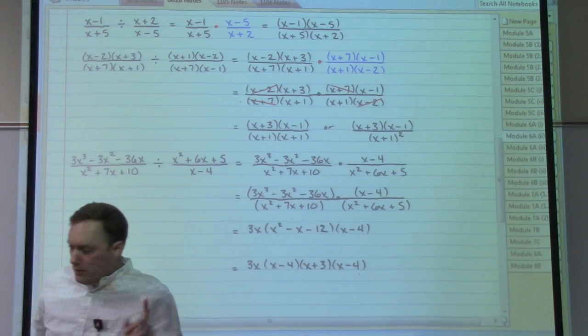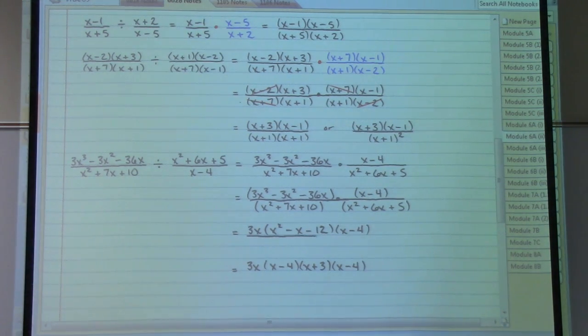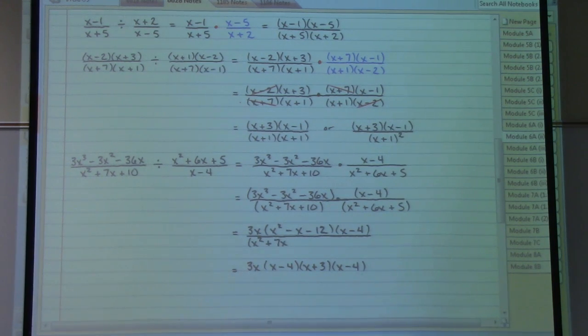But now our numerator is fully factored, and we can go back and check out how things are going with our denominators. Well, if we look at our denominators, we do not see any greatest common factor. So for the moment, I will simply recopy those 2 expressions in the denominator. And then here, in my next step, I will consider the next part of my factoring checklist, which is how many terms do we have?